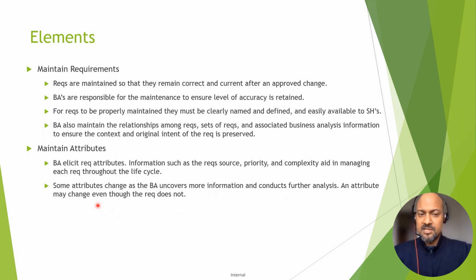An attribute may change even though the requirement does not. I hope you remember what we talked about in business analysis information management, where we covered requirement attributes like complexity, author, absolute reference, ownership, right?